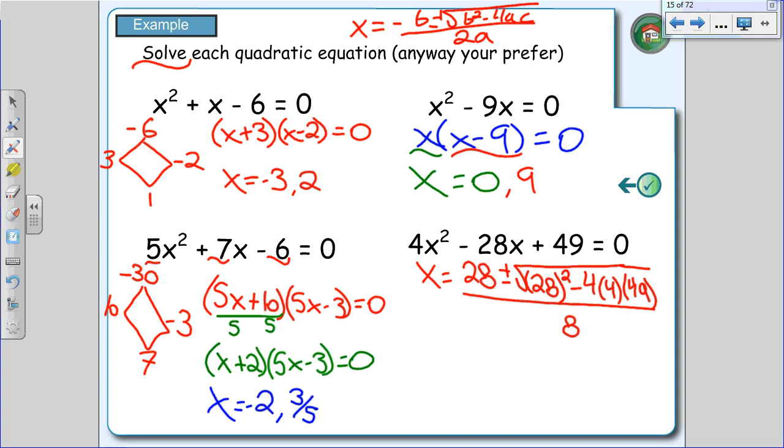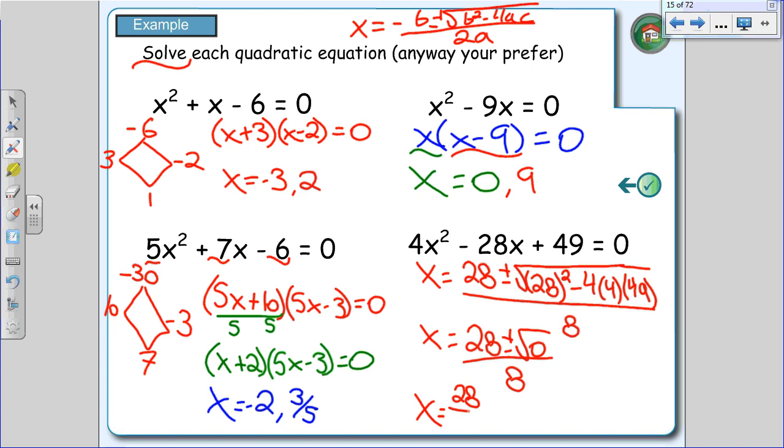The discriminant is 0? Awesome. So when I go to calculate that, I get x equals 28 plus or minus root 0 over 8. What is the square root of 0? 0. If I add or subtract 0, does it make a difference to my numerator? No. My answer is going to be 28 over 8.